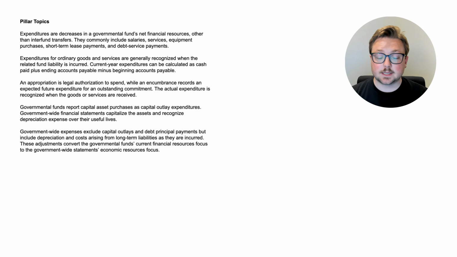Government-wide financial statements capitalize the assets and recognize depreciation expense over their useful lives, much more similar to normal accounting. Government-wide expenses exclude capital outlays and debt principal payments, but include depreciation and costs arising from long-term liabilities as they are incurred. These adjustments convert the governmental fund's current financial resources focus to the government-wide statement's economic resources focus.